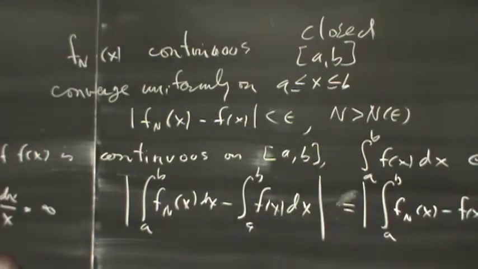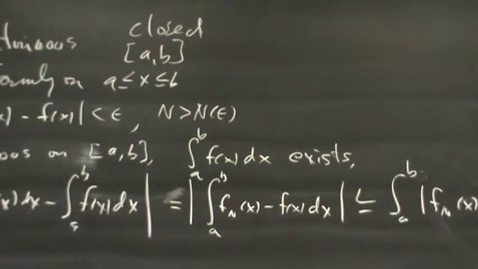And this is less than or equal to the integral from a to b of the absolute value of f_n of x minus f of x dx. This thing goes to 0, and so this is less than epsilon times b minus a, because this difference here is less than epsilon as long as n is greater than N of epsilon.